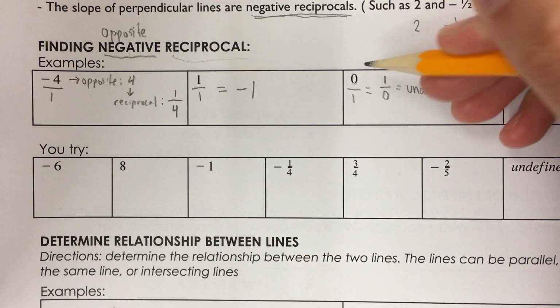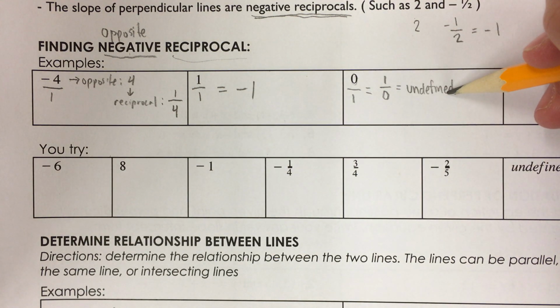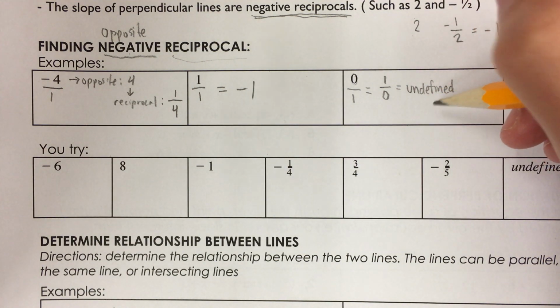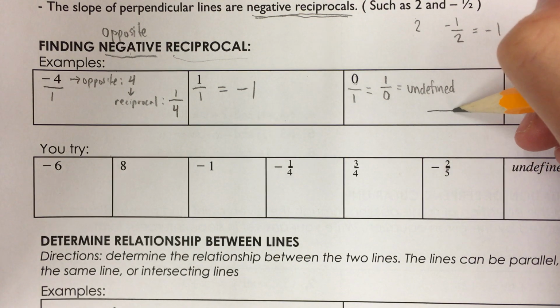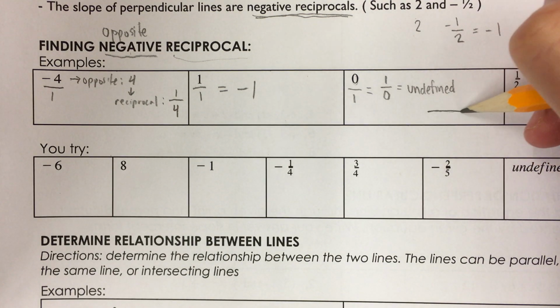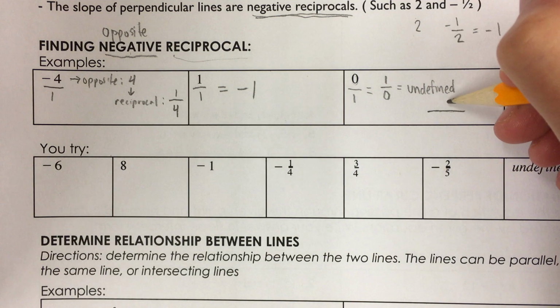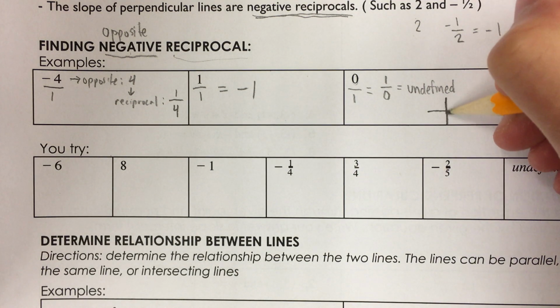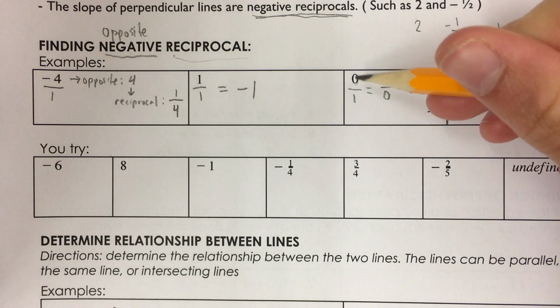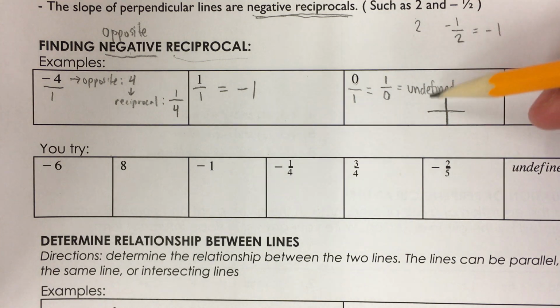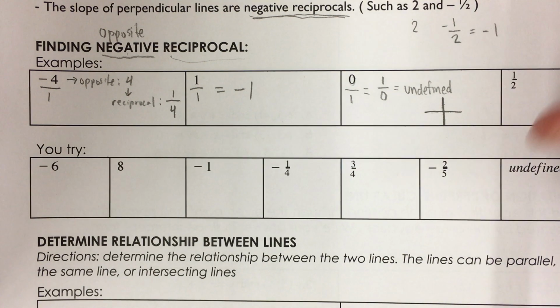So the opposite reciprocal of 0 is undefined, which we can maybe remember when we think about slopes. If this line has a slope of 0, that's a horizontal line, and this perpendicular line has a slope of undefined. So it makes sense that 0 and undefined are opposite reciprocals, because if I make a line with a slope of 0 and a line with a slope of undefined, then they are perpendicular.